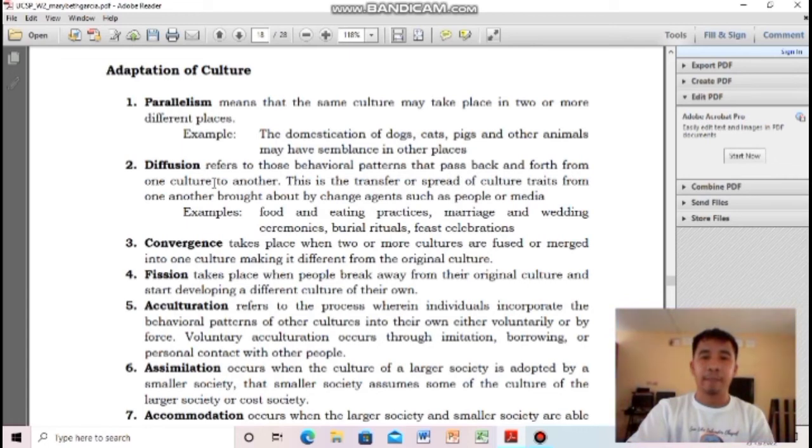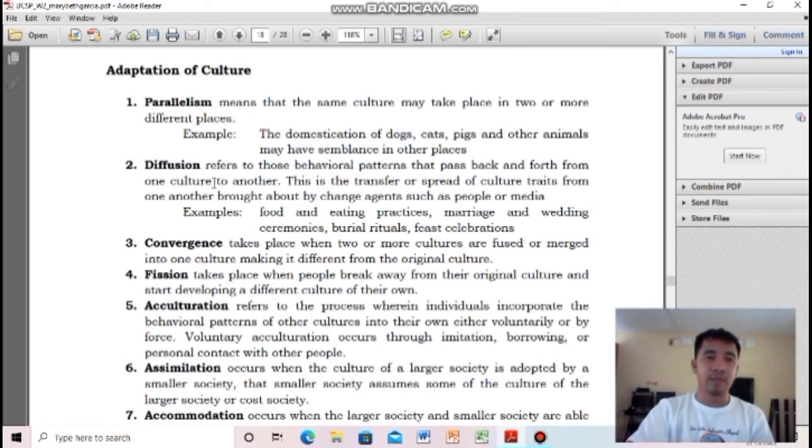Ang paglapta or ang pag-spread, no, sa kultura within and across groups, no? Example, ang pagkaon ang aton nga mga practices ng pagkaon, marriage and wedding ceremonies, burial rituals, kag ang pagselebrar sa mga fiesta are example of diffusion.